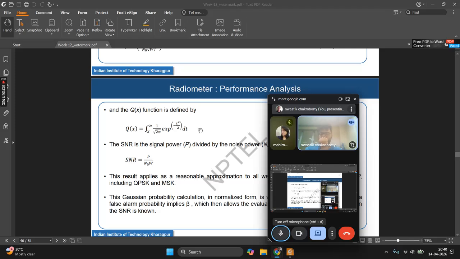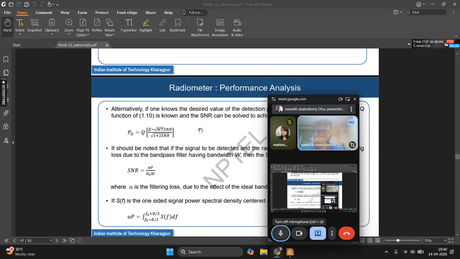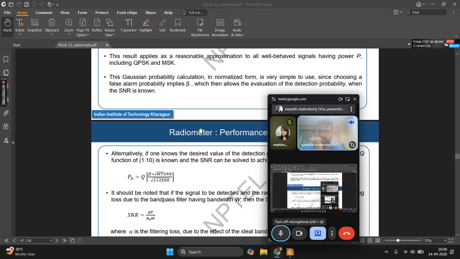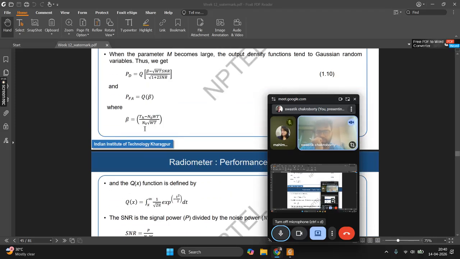Then, when that is done, you can find the value of beta. Then SNR, of course, is a target SNR you have in your mind, and W and T are unknown. With that, you can find the detection probability again by using the Q table.